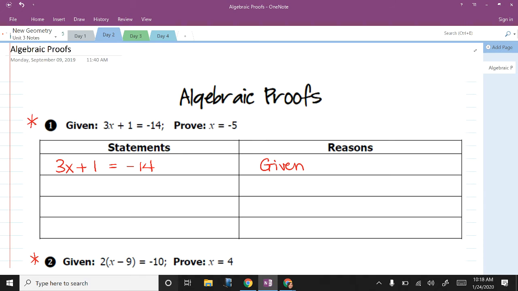So how do I solve this for x? Subtract 1 on both sides. If you have to show those steps to make sure you're straight, just kind of barely do it underneath that. Then you're left with 3x equals what number? Negative 15. Now, what was the reason for that? What did we do on both sides? We subtracted 1, so that would be the subtraction property.